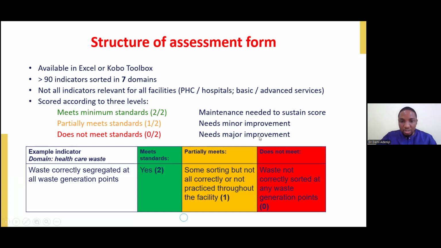If there's some sorting done at some points, but not all points, then it partially meets the criteria, and that becomes a 1. And if waste is not correctly sorted at any waste generation point, that's a 0. That's just an example of what the assessment looks like for one of the line items under one of the indicators. And so you answer questions across the various indicators and domains.